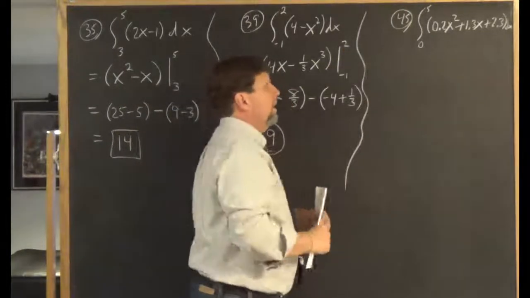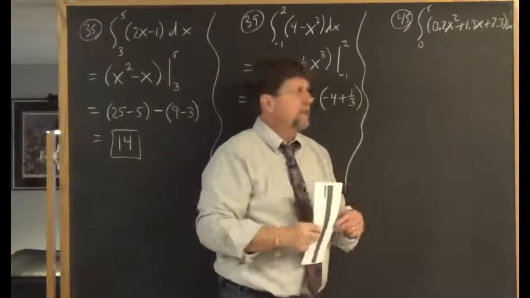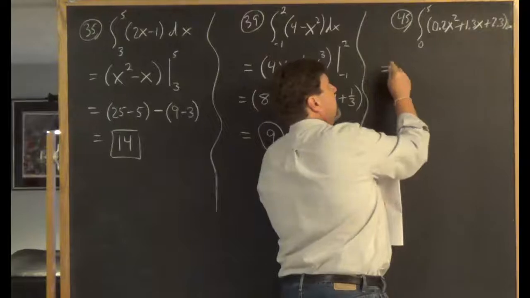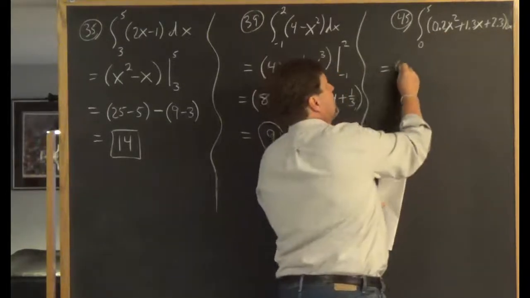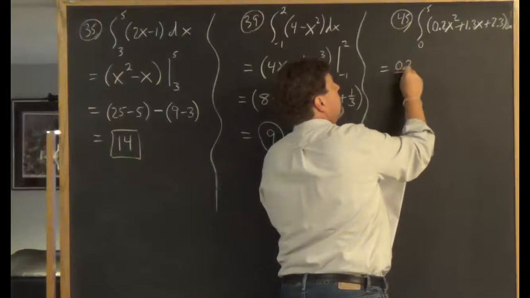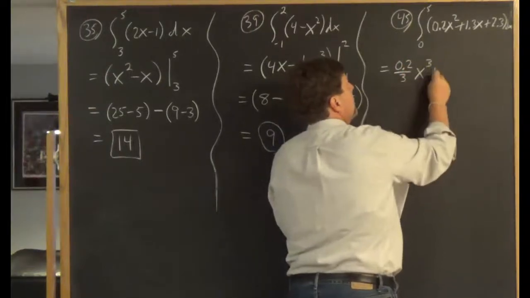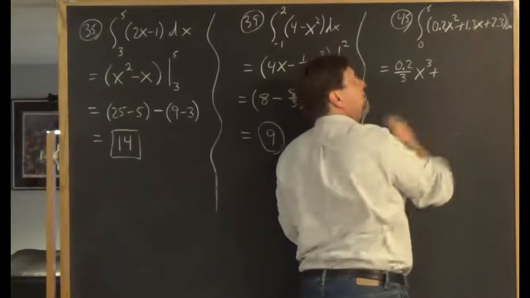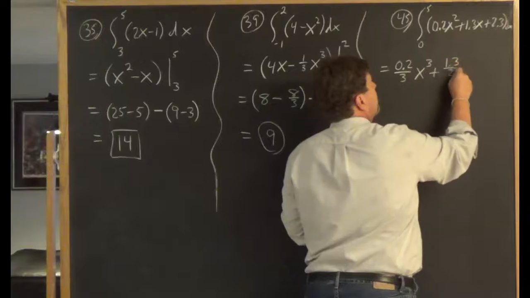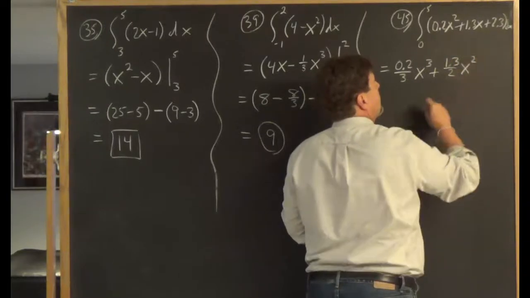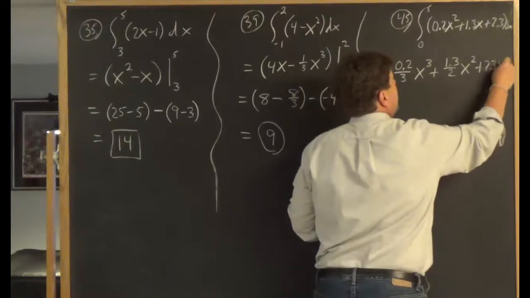45. Well, here we're getting some decimals involved, but it doesn't change the process. To get an antiderivative for the first term here, I would have 0.2 over 3 x cubed plus the antiderivative for the second term, 1.3 over 2 x squared, plus the antiderivative there, 2.3x.